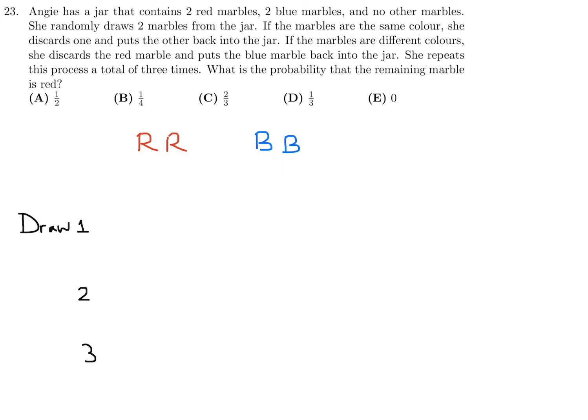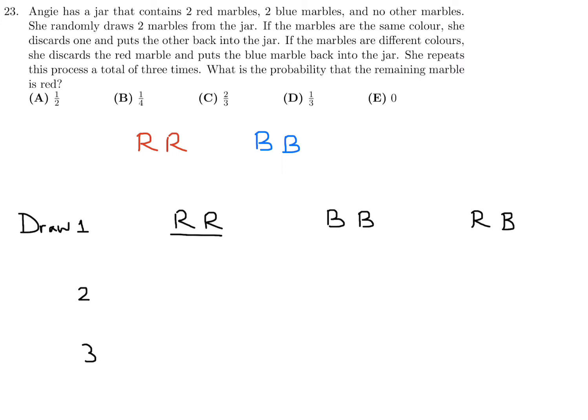So the first draw, if we are going to choose 2 randomly from these 4, the possible outcomes, you can have either 2 red, 2 blue, or a red and a blue. So those are the only 3 possible outcomes if you choose 2 at random from these 4. All right, so either 2 red, 2 blue, or 1 red, 1 blue.